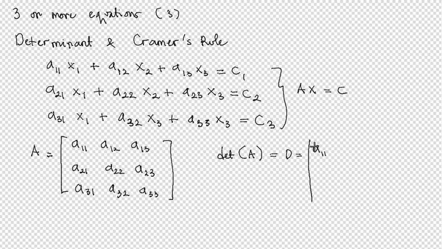The notation is like this, so you have to differentiate between the notation of a matrix and its bracket, and this determinant bracket is different.